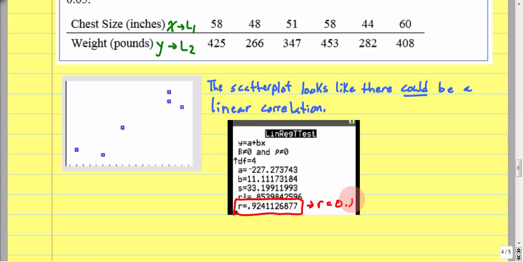So we'll say R equals 0.9241. This is my sample correlation coefficient. And I should say sample linear correlation coefficient.